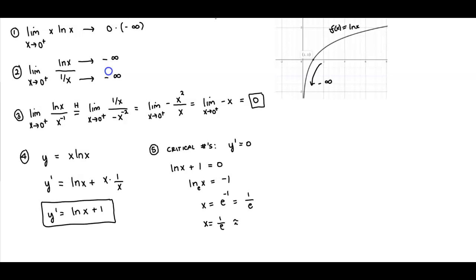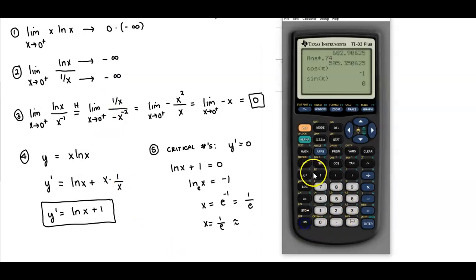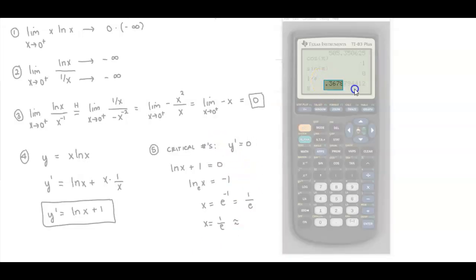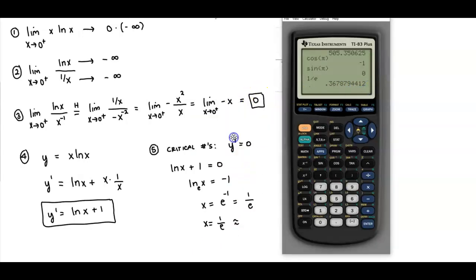And let's just see what that approximation is on our calculator. Okay, so we have 1 divided by e. And so there is our approximation. So let me copy that down so we can use this for reference.